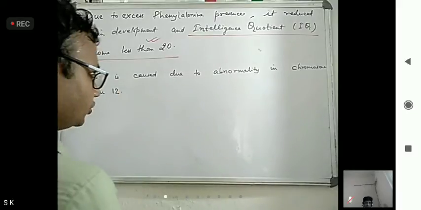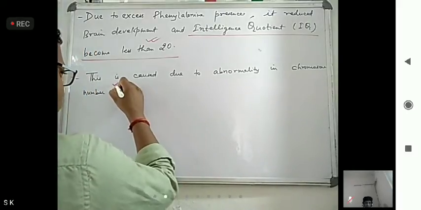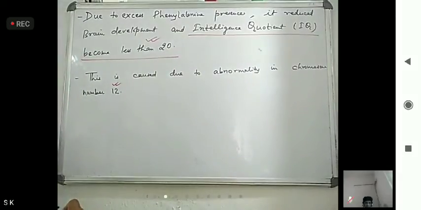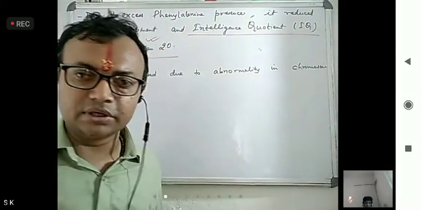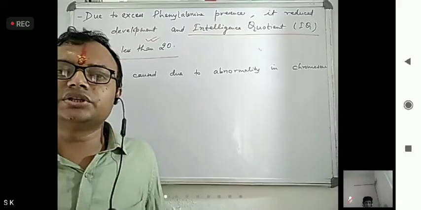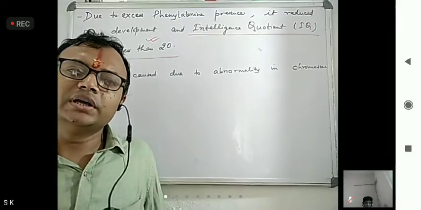So this also you have to remember: chromosome number 12 and IQ less than 20. So that is phenylketonuria.